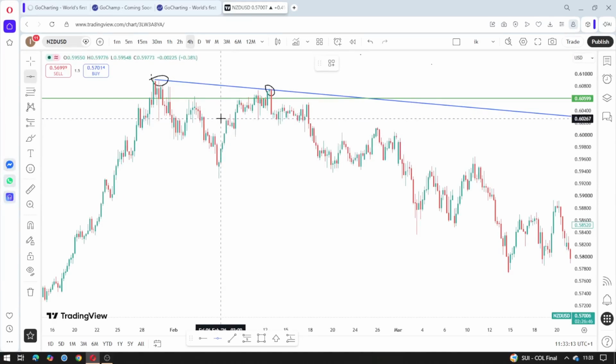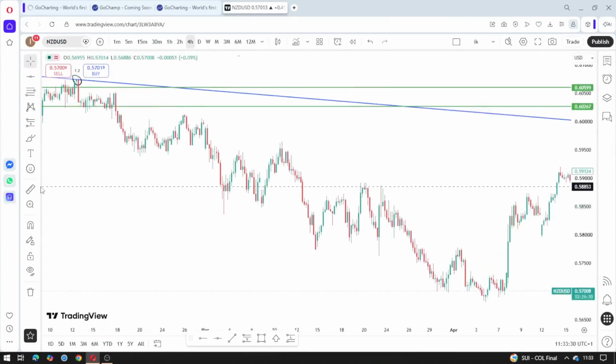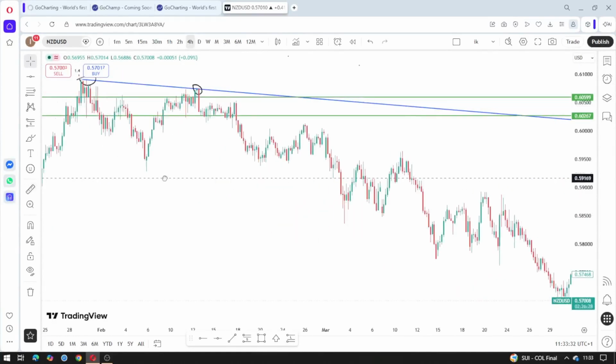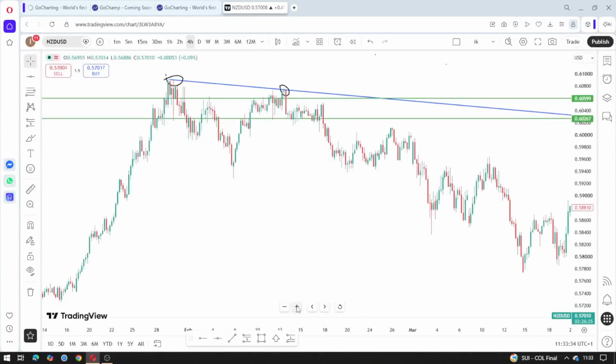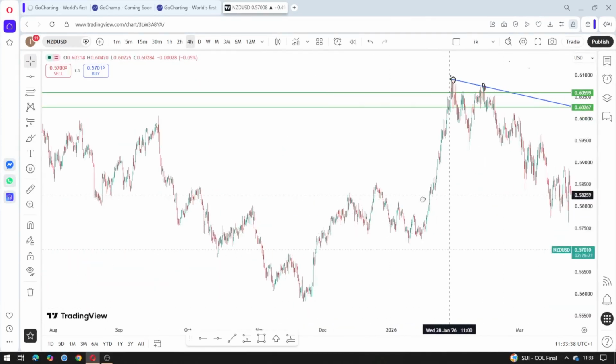When this point formed, we are not having this here as support. We only have this resistance. Look at here, it's formed as previous support around this area, and here it's also serving as support. So we are good. Are we? Yes, we are. That's how you do your fishing.